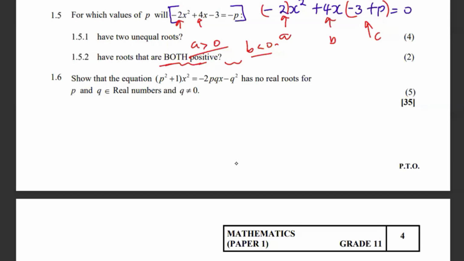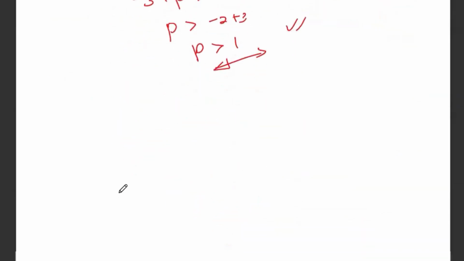So what are we going to do? Instead of having p minus 3 or negative 3 plus p, let's have it the other way around. This is 1.5.2. It's saying a must be greater than 0, b must be less than 0.